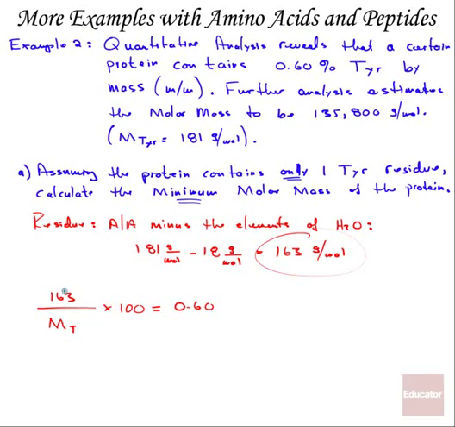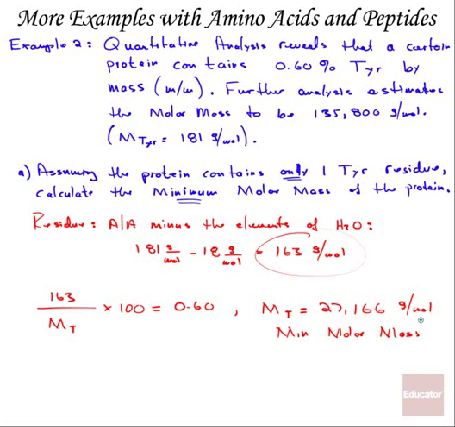Part over the whole, tyrosine over the whole, and when I solve for the mass, I end up with 27,166 grams per mole. So this is a minimum per mole. This is the min molar mass, and it's based on just using one tyrosine residue.